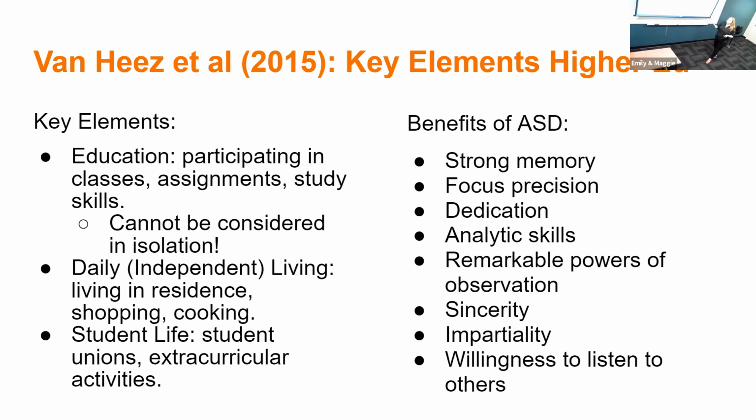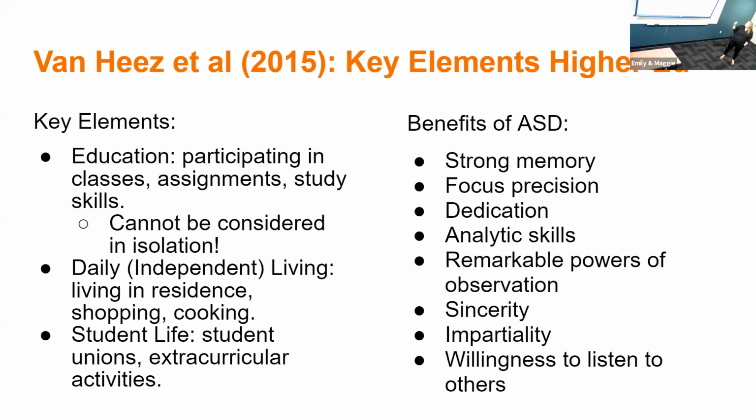So we can't consider just their ability to participate in classes, do well on assignments, and develop study skills in isolation. We also have to consider success with independent living and student life, right? The degree to which they're engaged with these elements of student life. So what these authors identified is the things that we can focus on for our students on the autism spectrum.